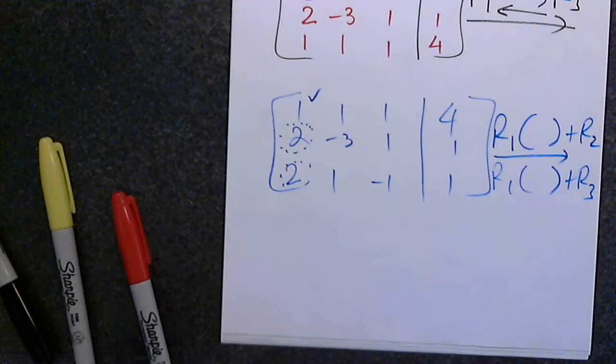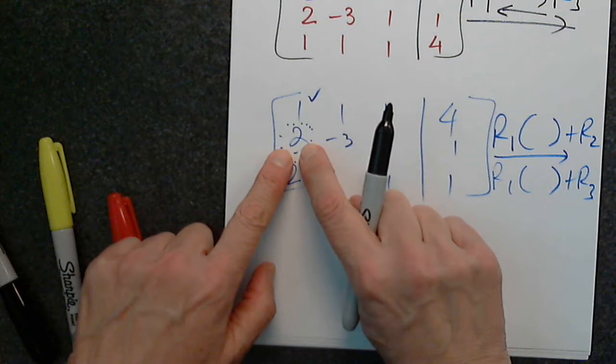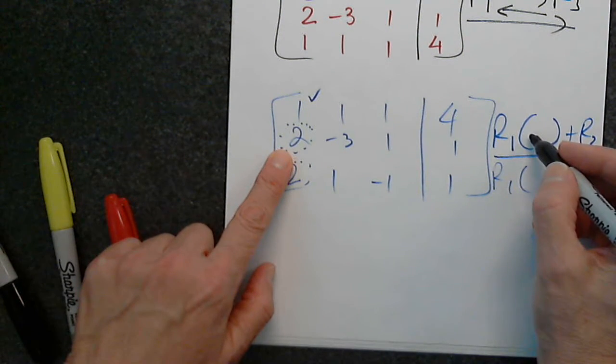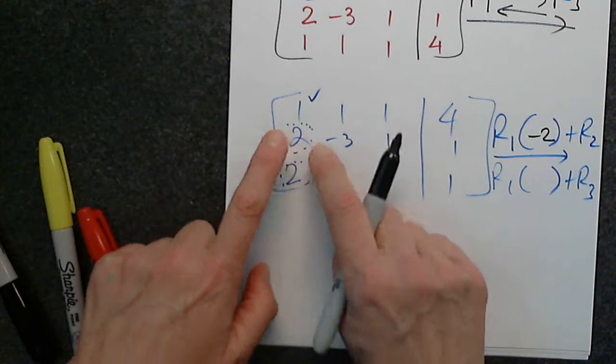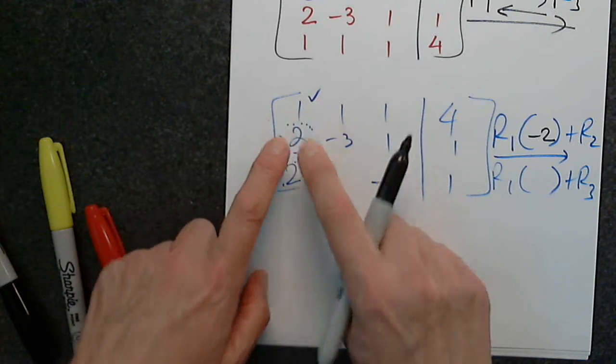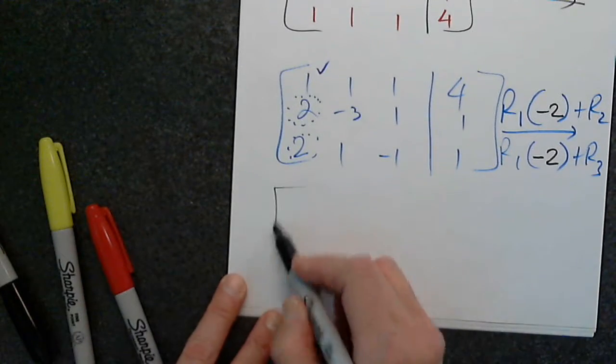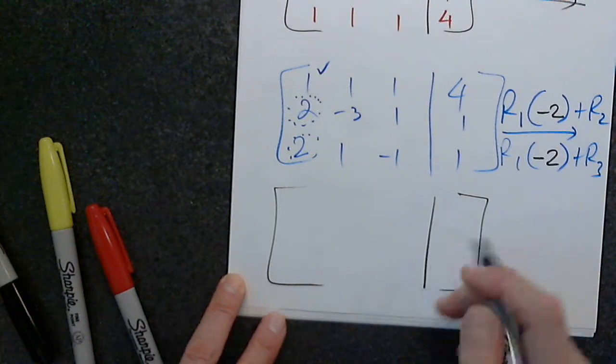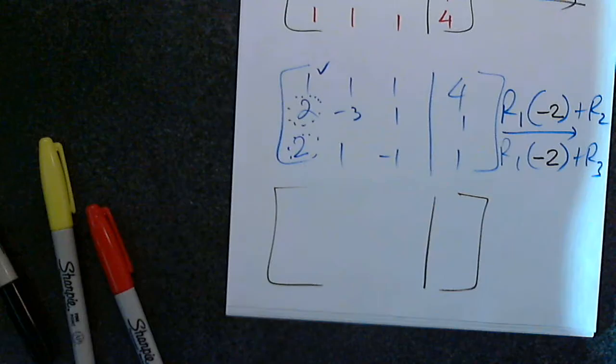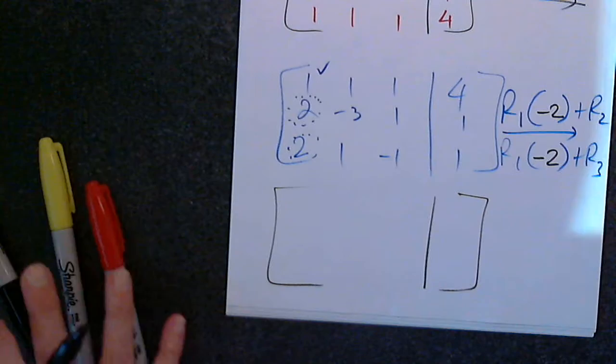So what do I need to multiply row 1 by to eliminate 2? Negative 2. Which row do I have to copy now because I'm using it, and it cannot change.